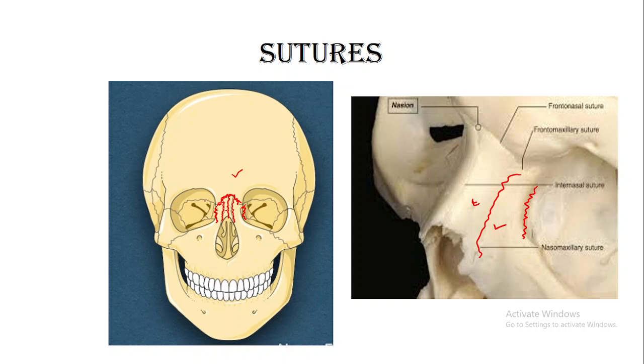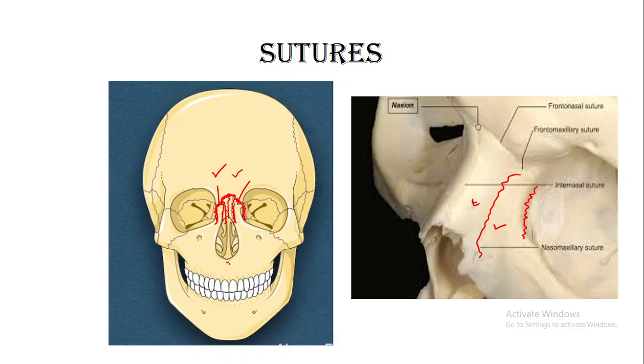Then the frontomaxillary suture. This portion of the suture, which is the extension of the frontonasal suture, here and here, is where the frontal bone joins the frontal process of maxilla on both sides. So this suture is the frontomaxillary suture.